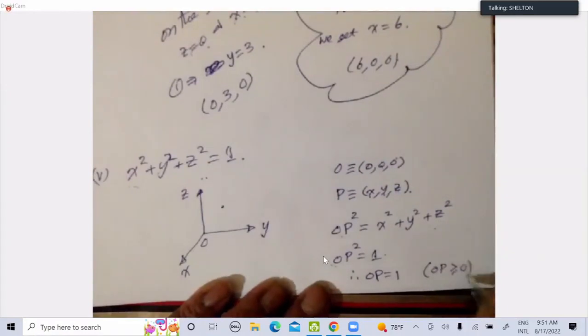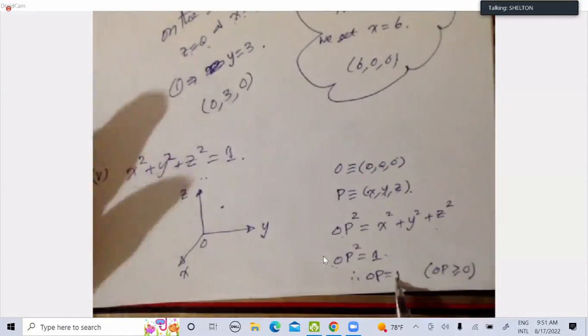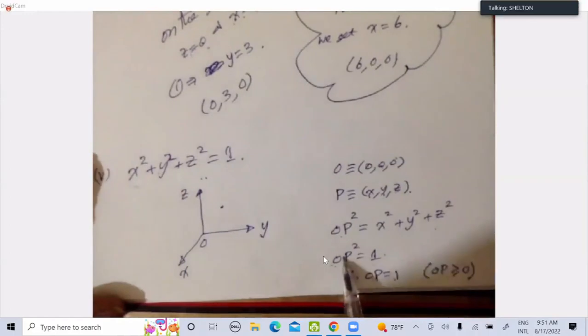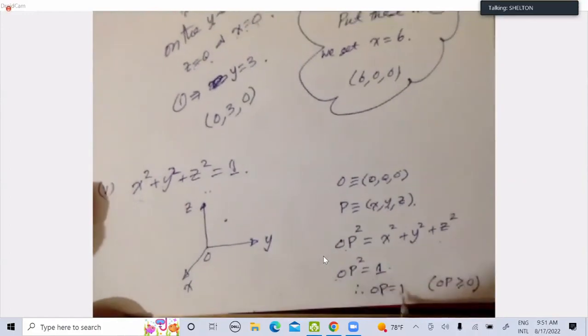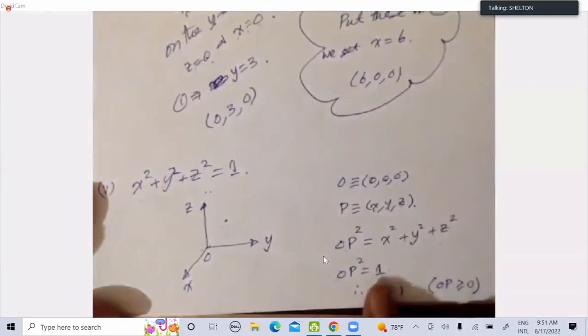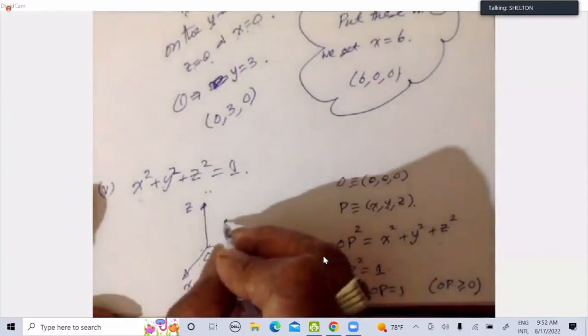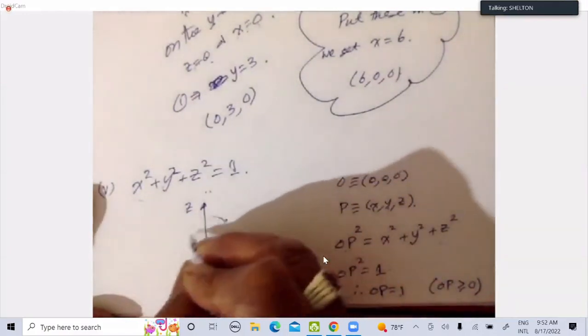Distance cannot be negative. So OP equals 1. Remember, it's a quadratic, so 2 numbers should be there for the answers, but we pick only 1. So the distance from O to P must be equal to 1. This equation being satisfied means the distance from O to P is 1.